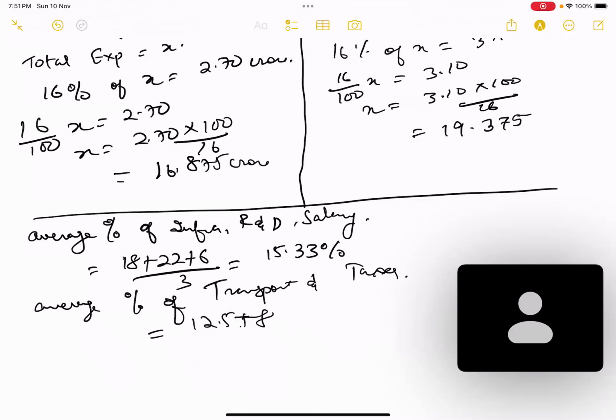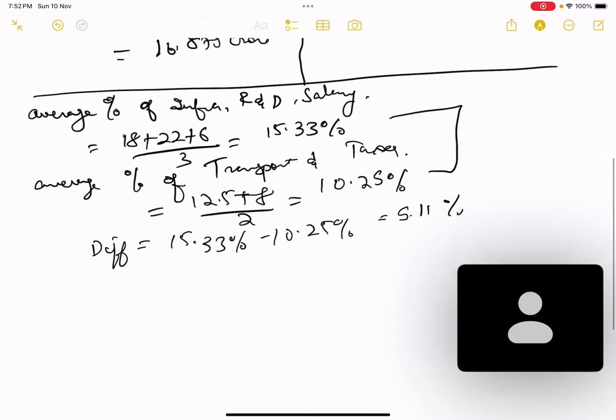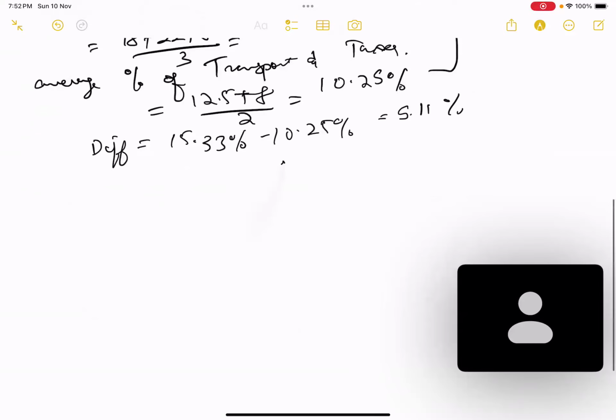Since there are two entities, we divide by 2 to find the average, and we get 10.25%. Now we have to find the difference, right? The difference is 15.33% minus 10.25%, which is 5.11%.